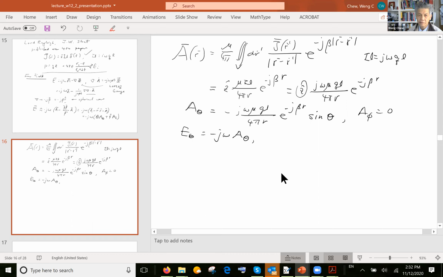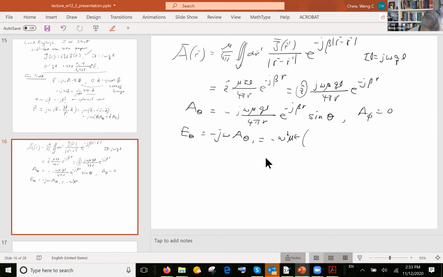Okay, we have A phi equal to 0, and then you can find E theta, and you can plug this back into A theta and find what E theta should be. And you find that E theta is given by this rather complicated looking expression. I just write it down for you anyhow.